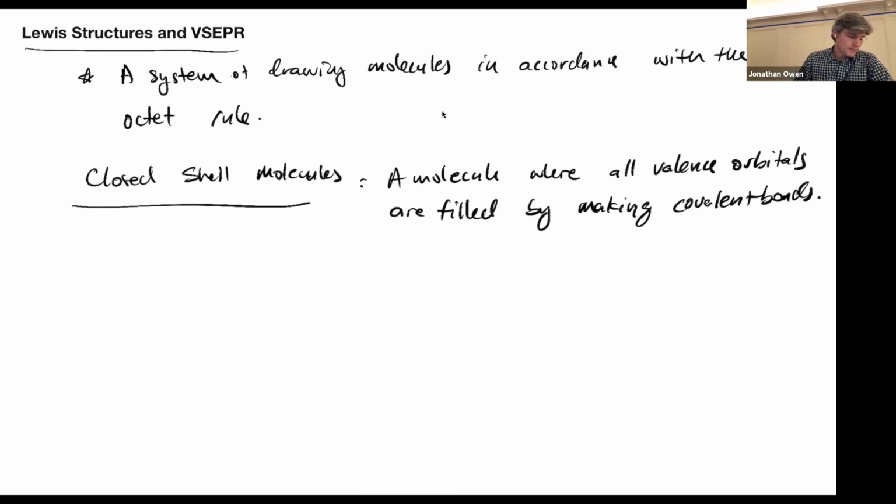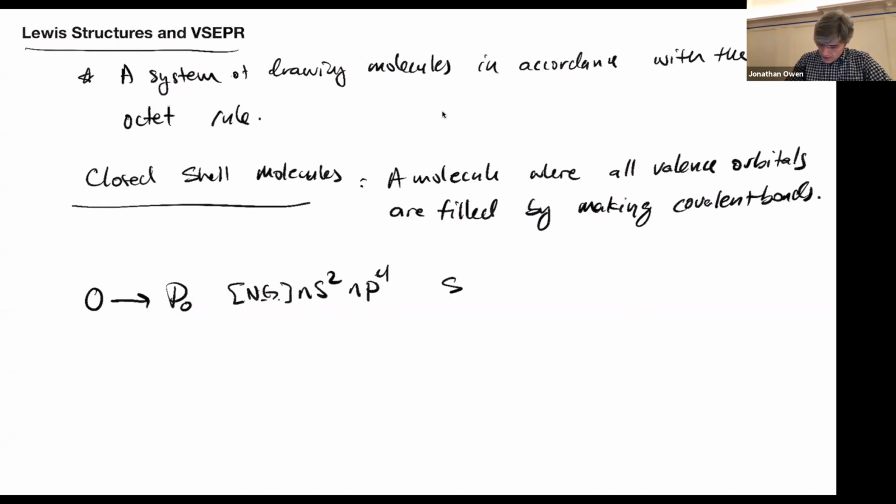So let's take a look at oxygen to polonium. This has an electron configuration of 2 electrons in an s orbital and 4 electrons in a p orbital, depending upon which element you're talking about.